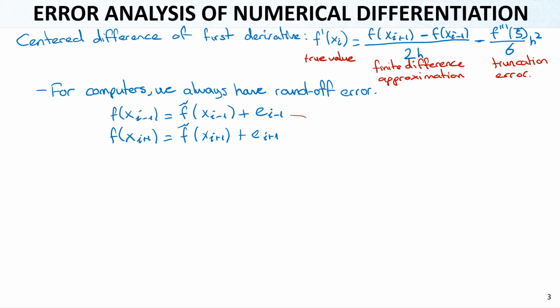This e and this e are the round-off errors. And this one and this one are the rounded function values.